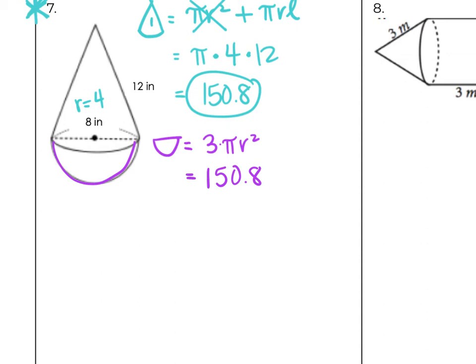What would I do to subtract the circle though? Do I have just the circle? So let's do the circle real quick. So it would be pi r squared, pi times 4 squared. I got 50.3. Did you guys get that? Yeah. Okay.